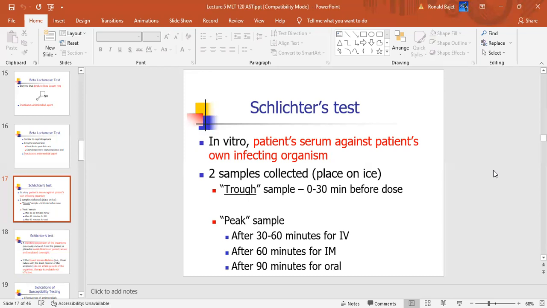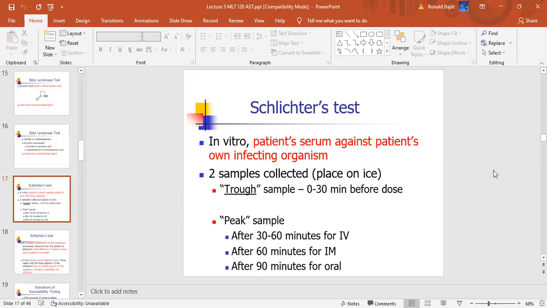But if you draw a level here, let's say this is 30 minutes, I know it's not to scale, and you draw a level here, it's minus 30 minutes. This, right before this dose, is called the trough, okay? You draw it here 30 minutes after the dose, this is called the peak, obviously because it peaked.